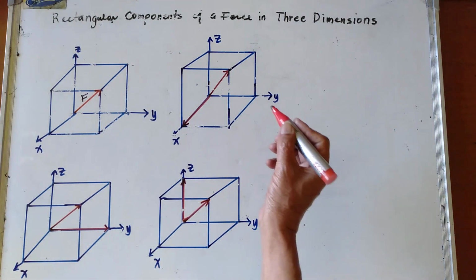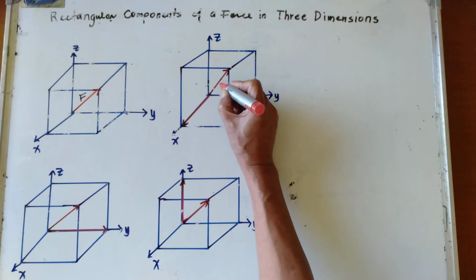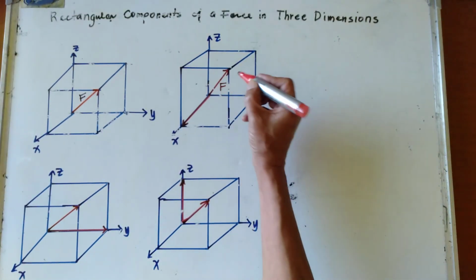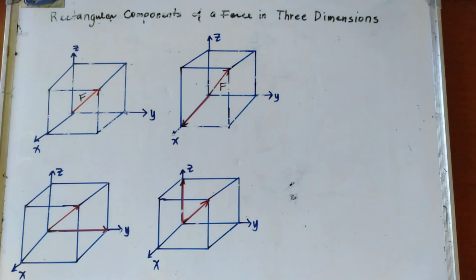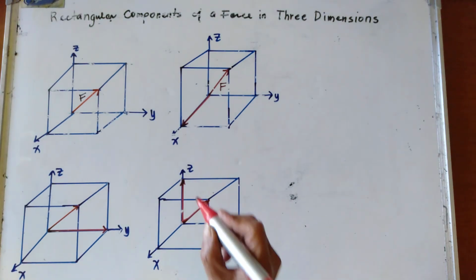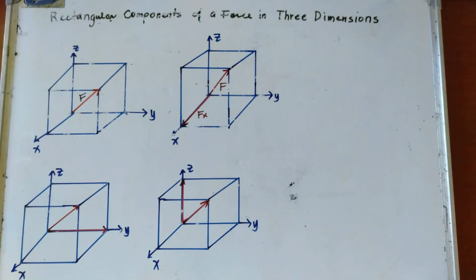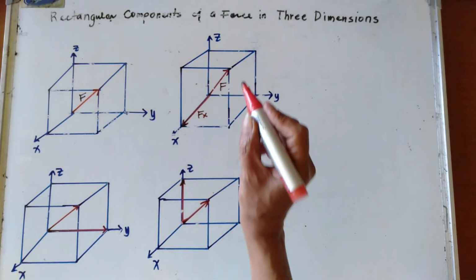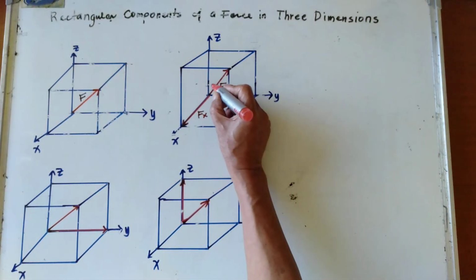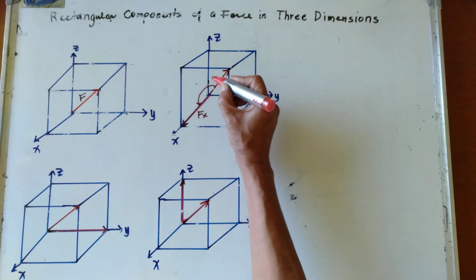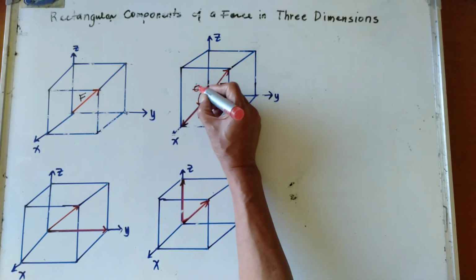So, first, if this is the vector F, we now have the corresponding component in the x-axis, which is your Fx. The vector F makes an angle of theta x with the x-axis.